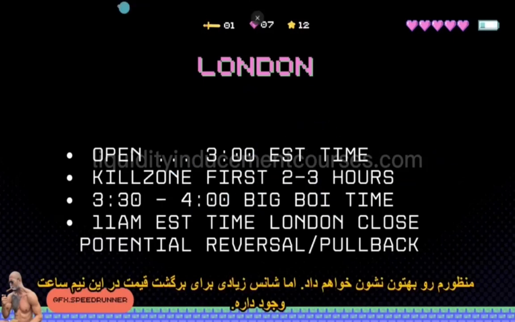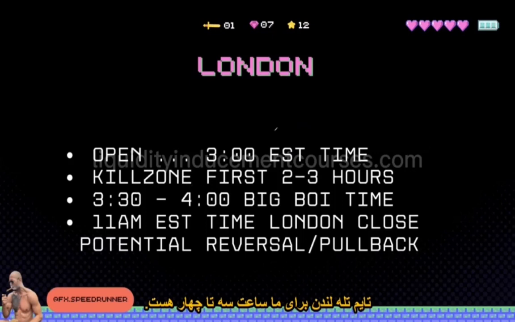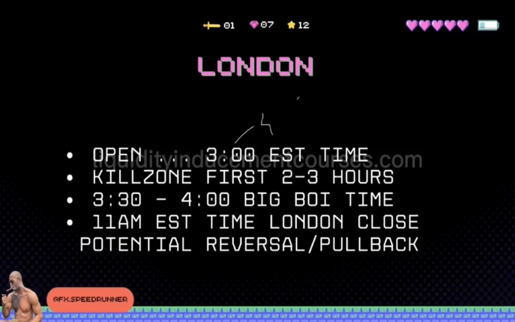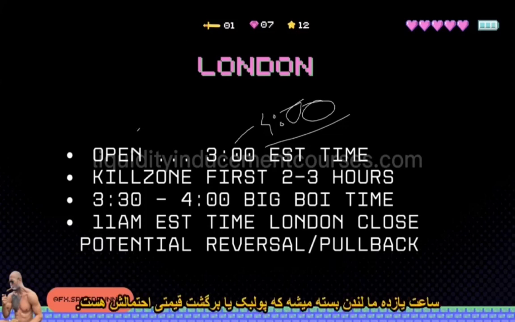There's a high chance of a reversal during this time window. But the whole trap time of London is 3 to 4, so you're going to have a lot of manipulations here. 11 a.m. EST is London close, where we have a potential pullback or reversal.